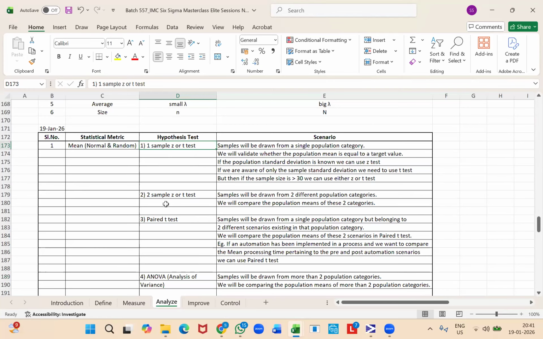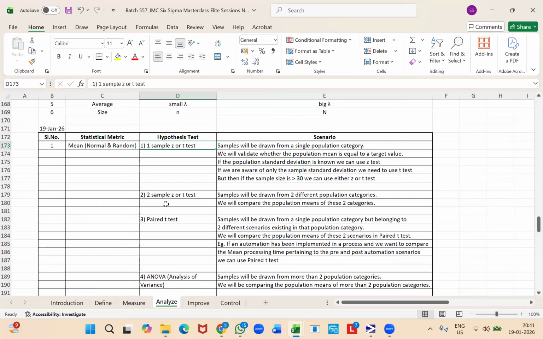The first one is one sample Z or T test. So this is one sample mean test, right? When we have a one sample mean test to be deployed, we will be referring to a scenario wherein the samples will be drawn from a single population category, and we would want to validate whether the population mean of that category is equal to some target value.